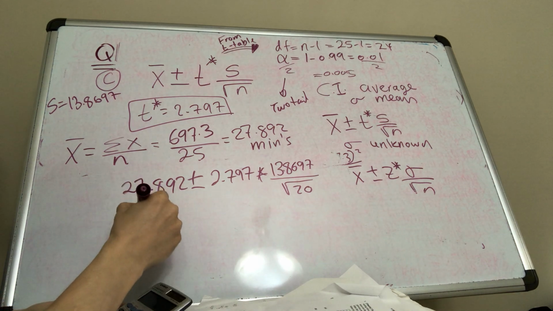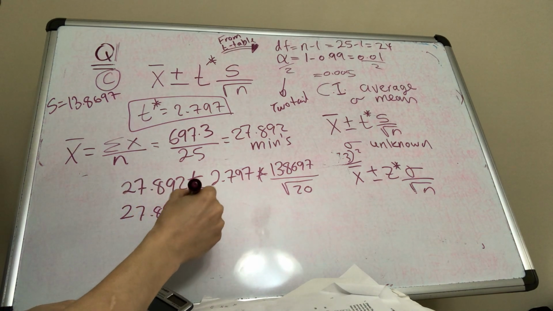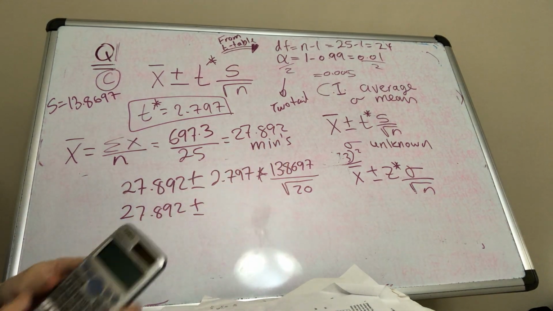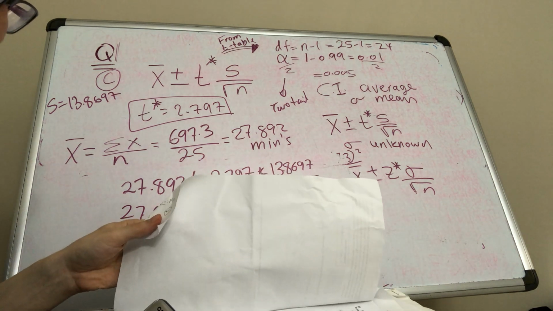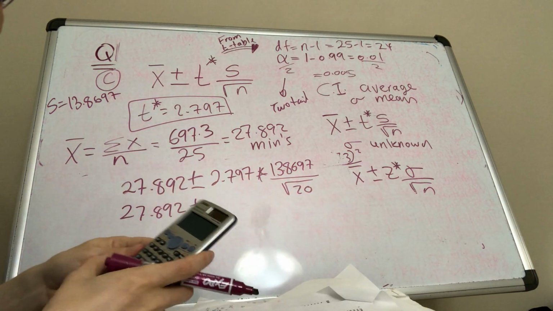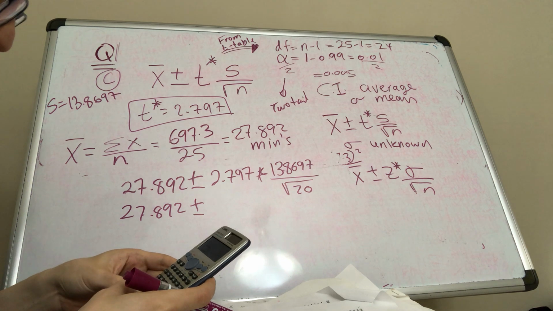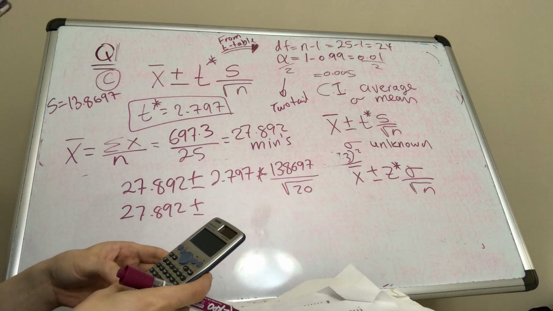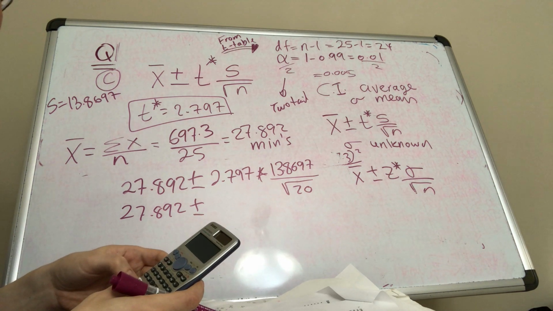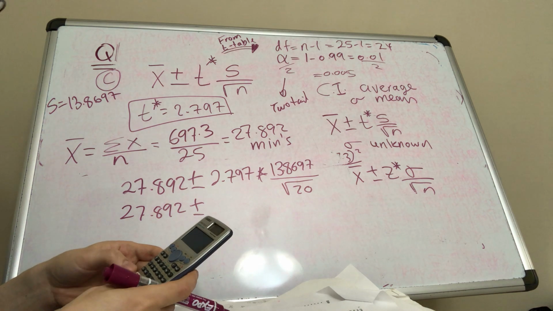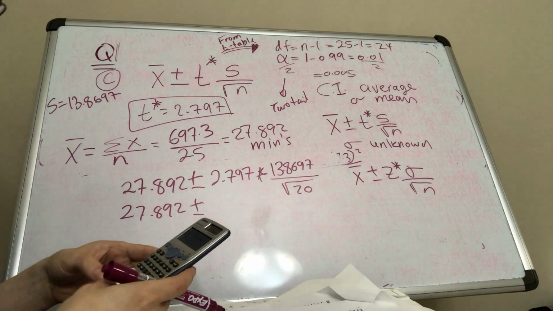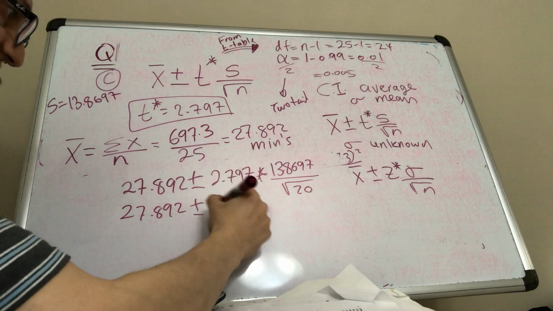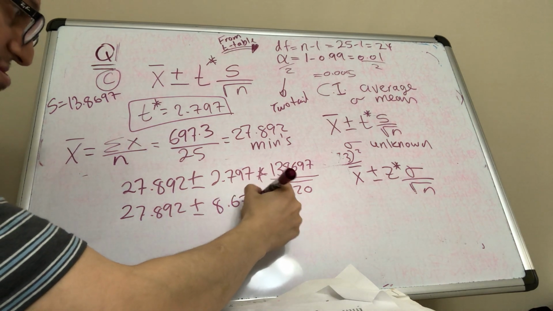So again, you bring the first number down. You only do what comes after the plus minus. So 13.8697 times 2.797 over square root of 20. This number is 8.6745.